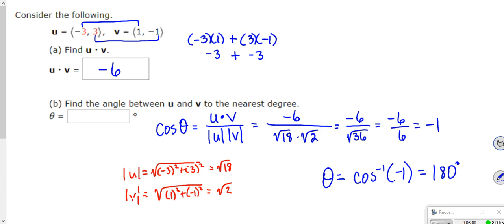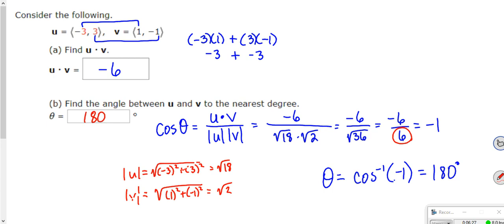And the reason why this up here is positive is because we're talking magnitudes, and magnitudes can only be positive. So 180 degrees is our angle. Hope that makes sense. Just following the formula.